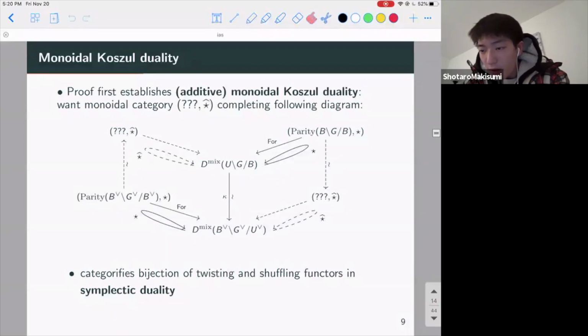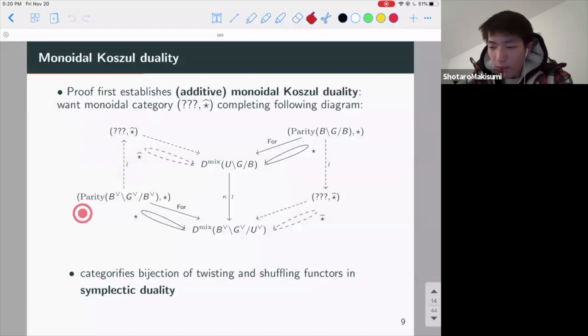So you can wonder if there's some category here, some monoidal category here, that's still defined in terms of G, not a Langlands dual, but is naturally equivalent to the Hecke category for the Langlands dual, and such that it acts on now the left of this category, D mix UGB.